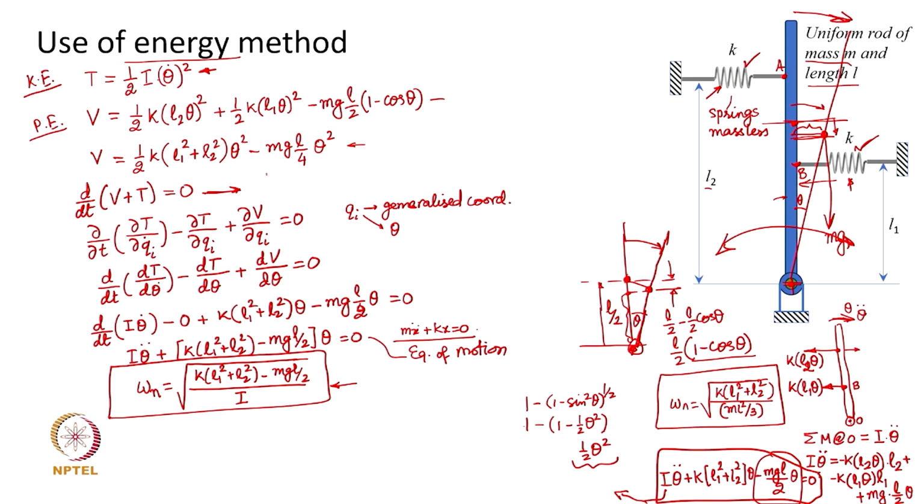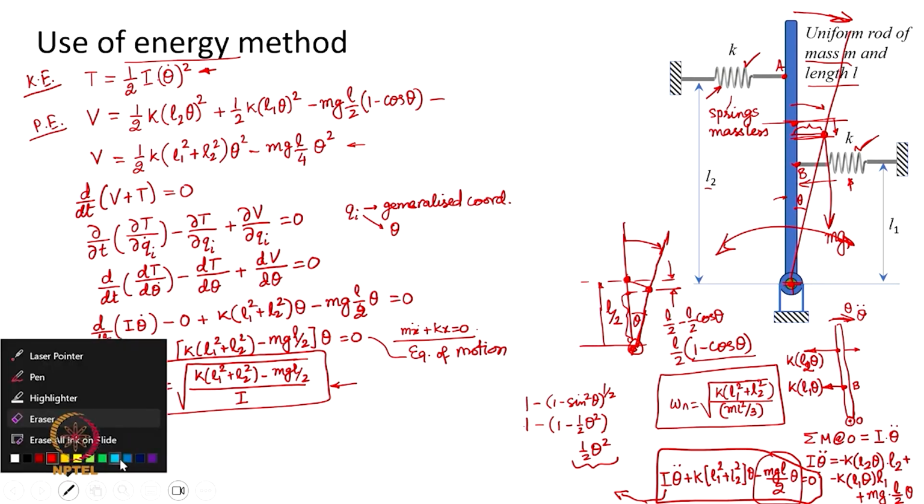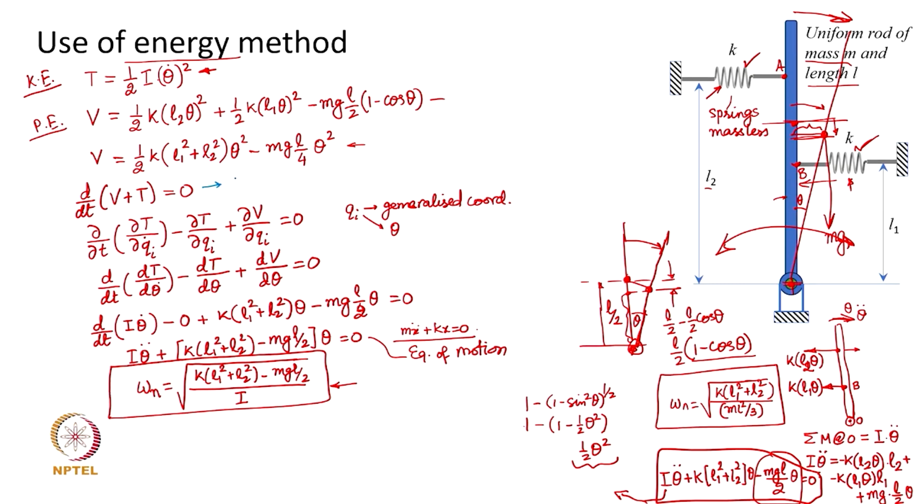So, V plus T, and then in that case what I get is k (L1 square plus L2 square) theta theta dot minus mg L over 2 theta theta dot plus I theta dot theta double dot, equal to 0, which ultimately gives me the expression.